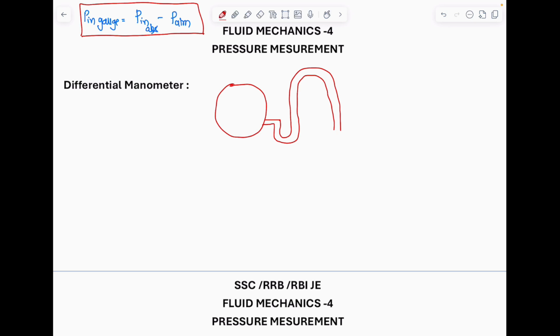A manometer can have multi-fluid. This is one fluid and this is another fluid, and the fluid in this will be like this with this color.